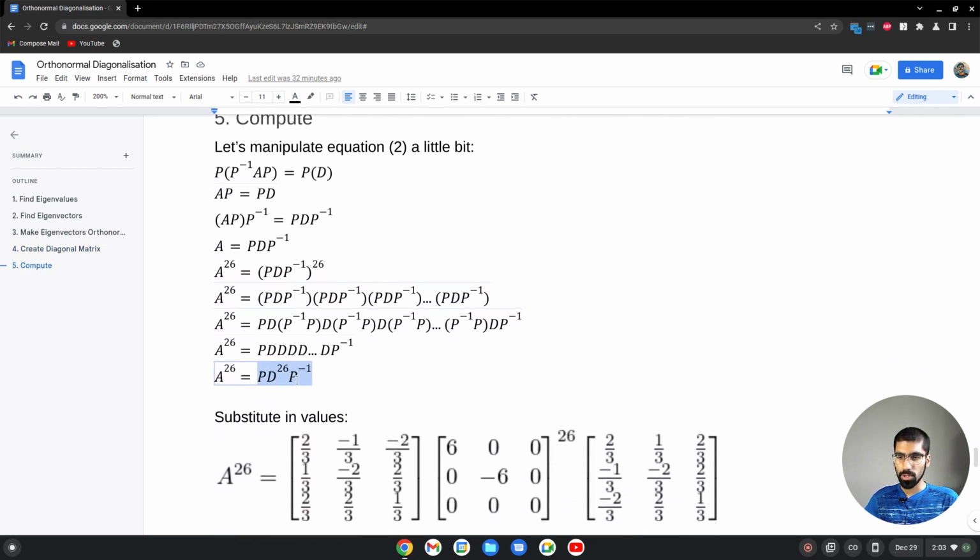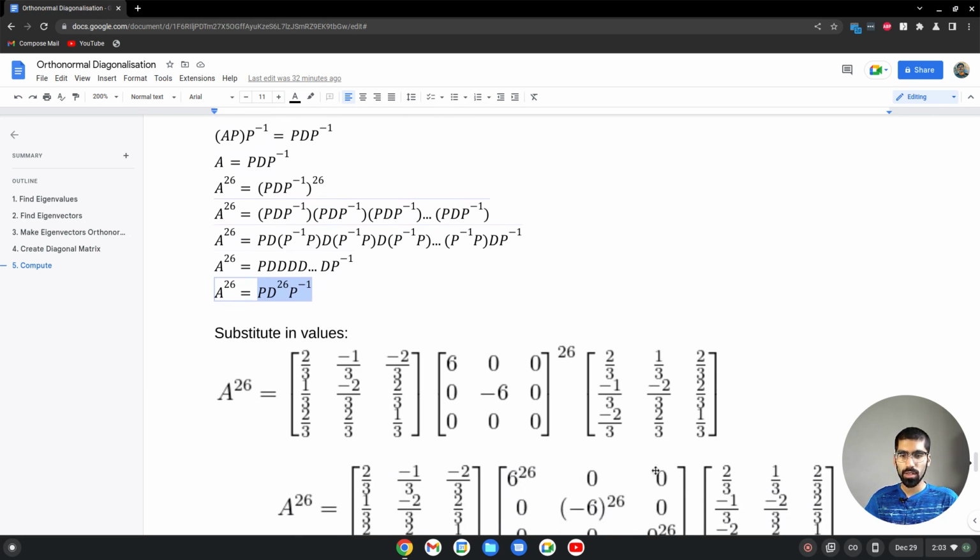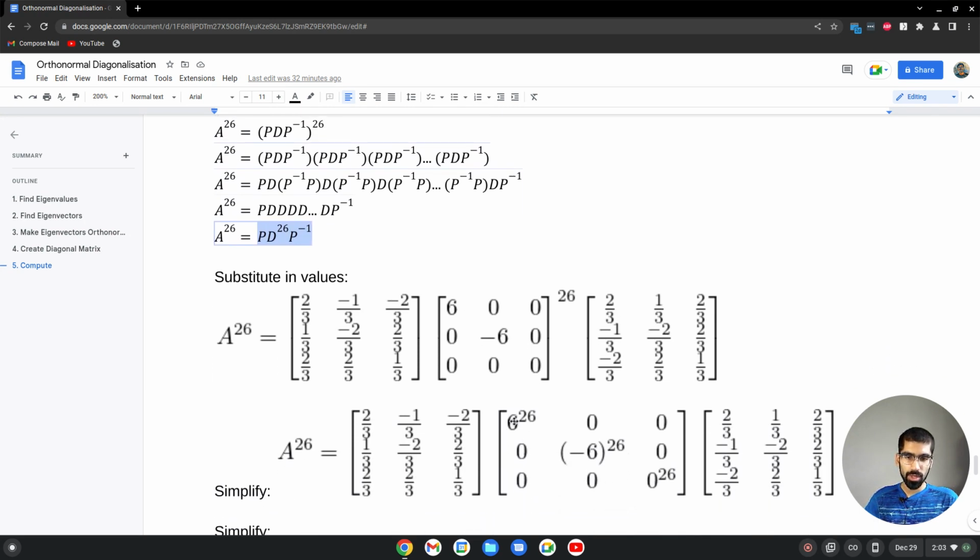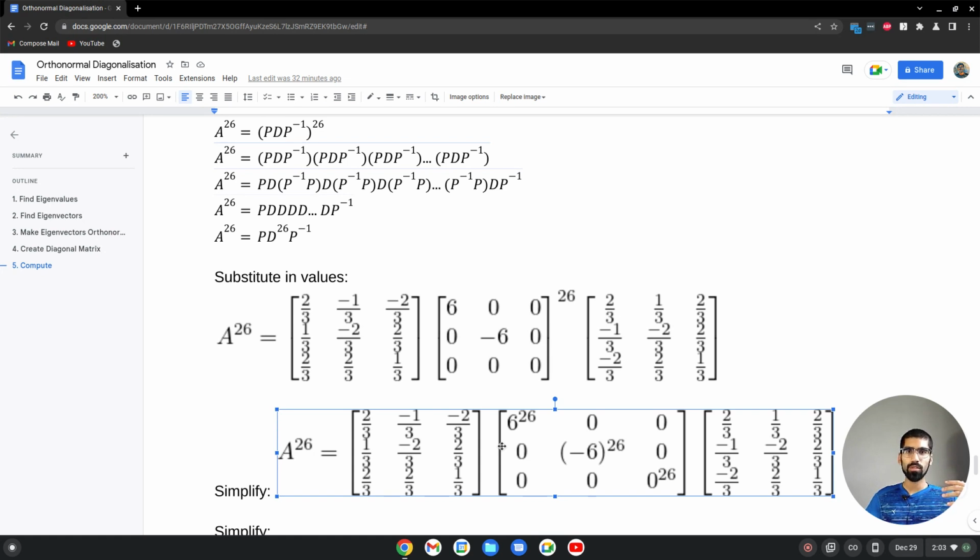So I substituted in values here, so P, D raised to the 26, and then P inverse, and here's the mathematical version of what I just said. Raising a diagonal matrix to a power lets us use the shortcut of just raising the individual scalars to the power, which is much more efficient than entire matrix multiplications.